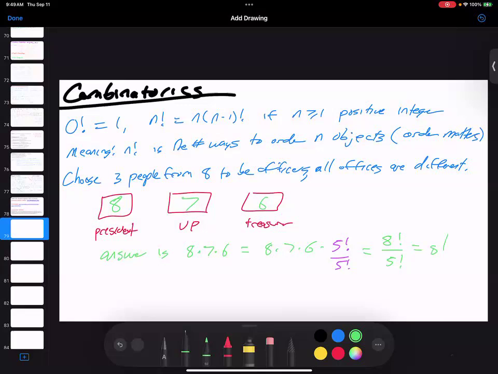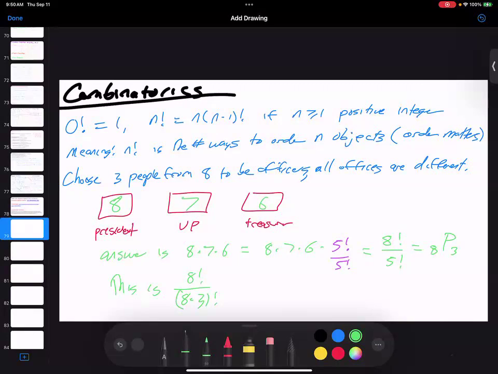And sometimes you might have seen this written as, I think it's 8P3. Does that look familiar from anybody from high school? Yeah. This is 8 factorial over 8 minus 3 factorial.